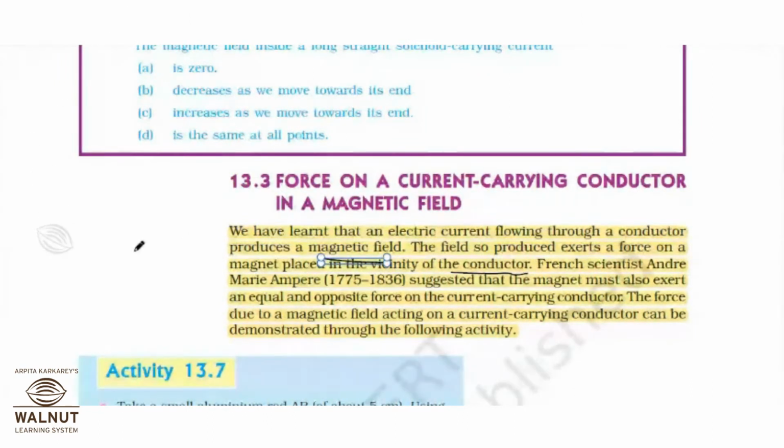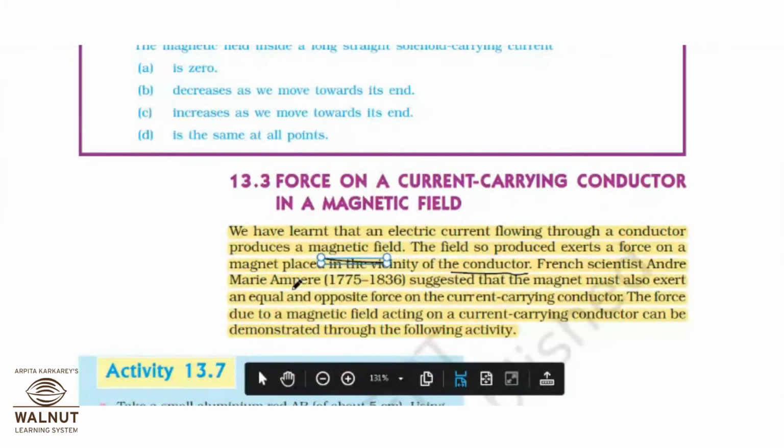So if you place a magnet in the vicinity of that conductor, it will experience some force. French scientist André-Marie Ampère suggested that the magnet must also exert an equal and opposite force on the current carrying conductor. The force due to magnetic field acting on a current carrying conductor can be demonstrated.